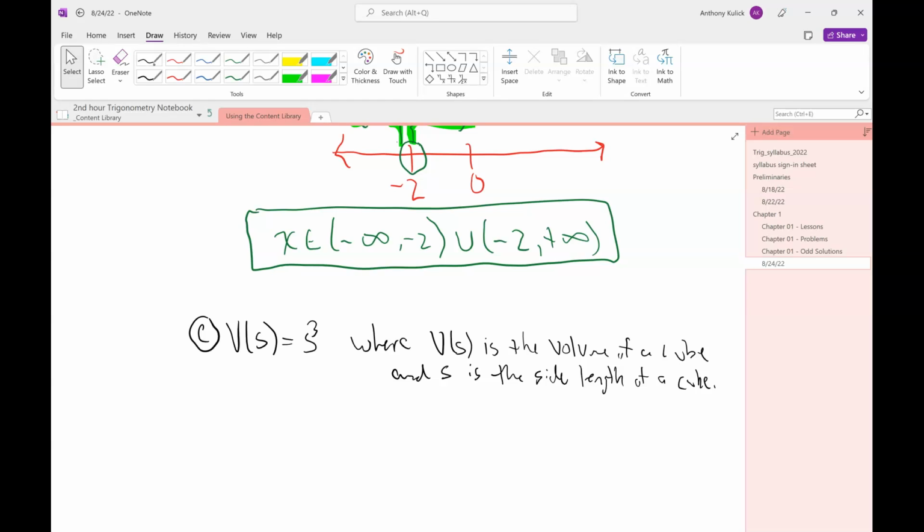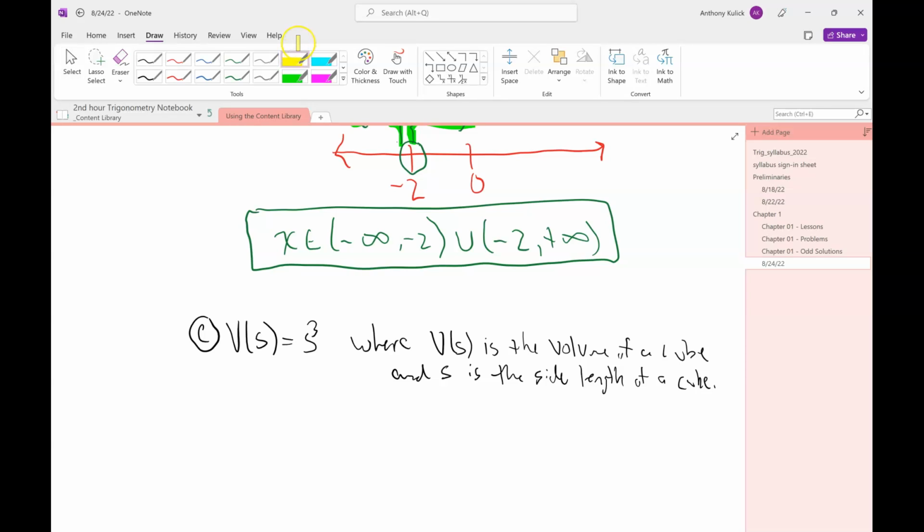We're told that v of s represents the volume of a cube, and s would be the side length of that cube. So this is one where we're going to have an implied and a relevant domain, because we're given some context to it. So what I want to do first is the implied domain part.